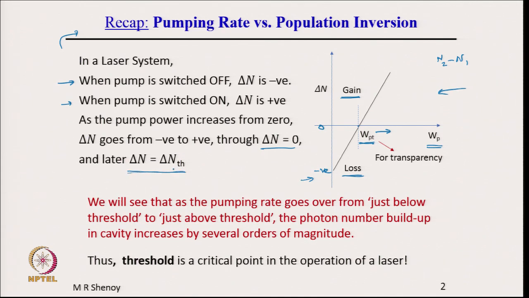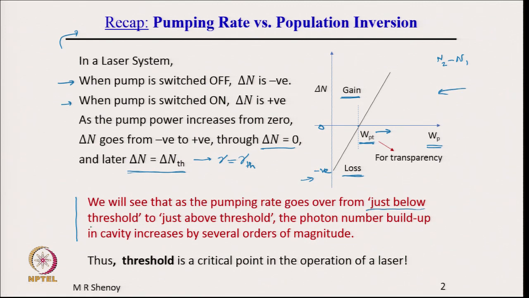Delta n threshold is the threshold population inversion corresponding to gain gamma equal to gamma threshold, the threshold gain coefficient.